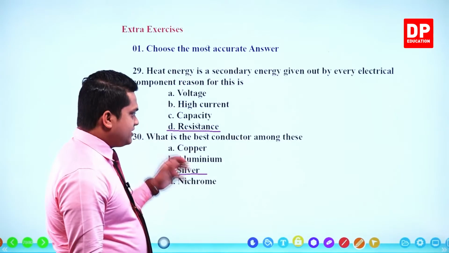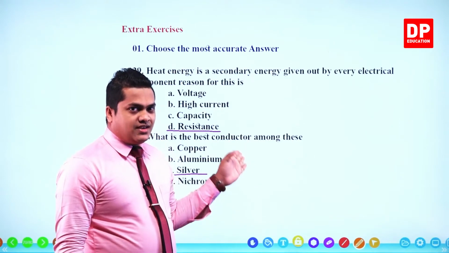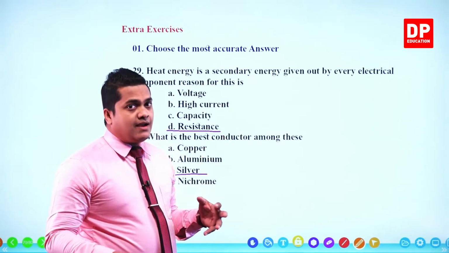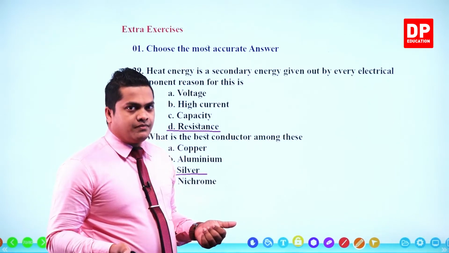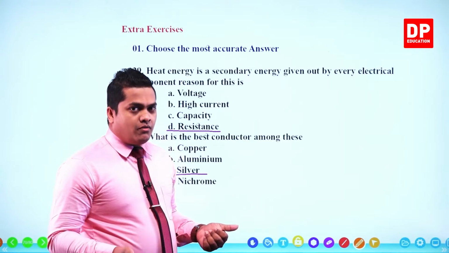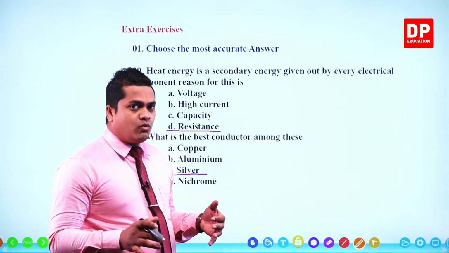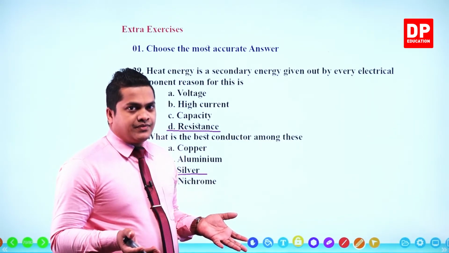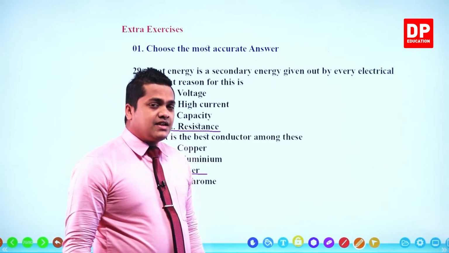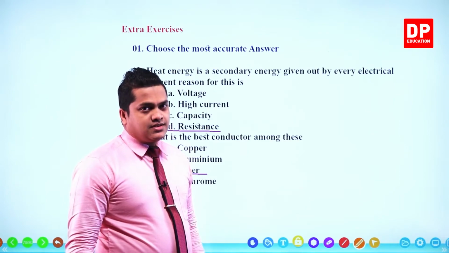Nichrome is the worst conductor among these things. It's because the resistance is very high. However, there are applications of nichrome, right? Like in heating units, we use nichrome. Nichrome has the highest resistance.